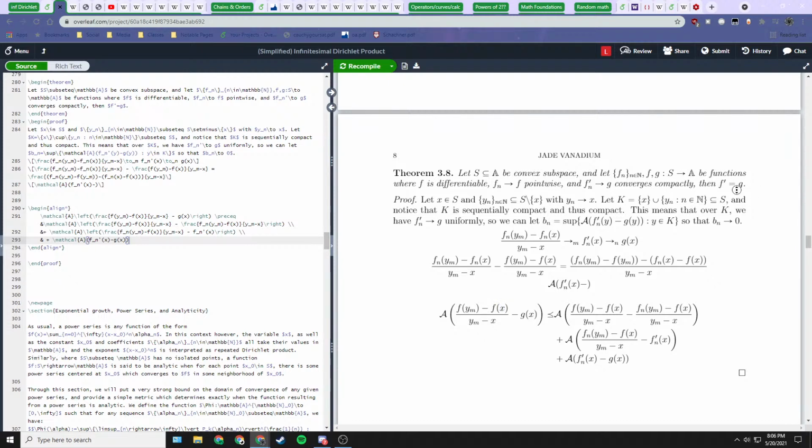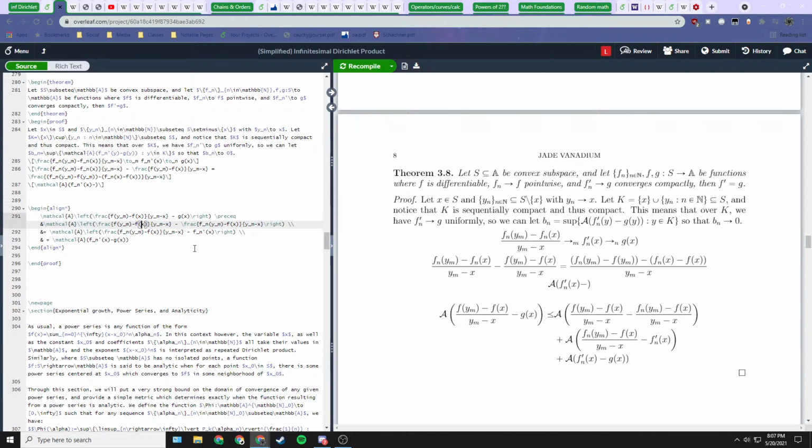I wonder if this becomes easier if we assume f is differentiable. I think it does become easier if we assume f is differentiable. So if we have this whole term, this is just this whole first term.